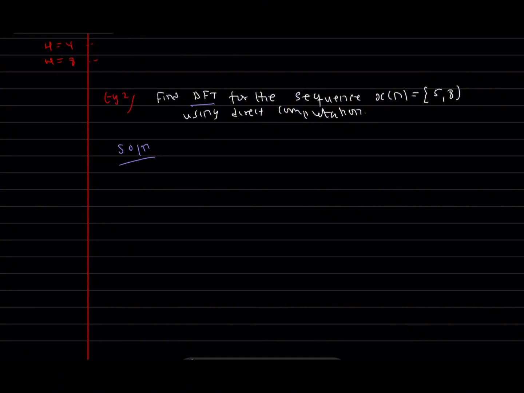So now, what is the DFT for a sample sequence x of n? The DFT of a sample sequence x of n is X of k equal to the summation from n equal to 0 to N minus 1 of x of n, exponent negative j 2 pi over N nk.